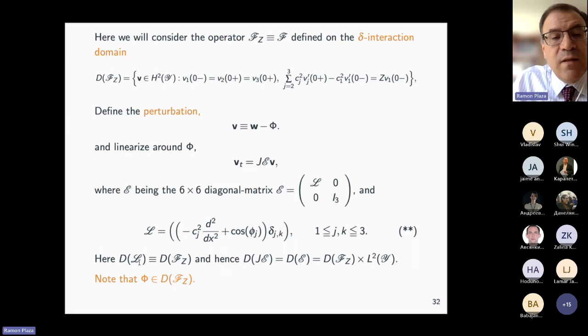Once again, the domain of L is precisely the domain of Fz, which is the domain of delta interaction with intensity Z, and the domain of the big operator J times E is actually the domain of Fz times L2. Notice that in the case of the kink profiles, these solutions belong to this domain. They have finite energy.